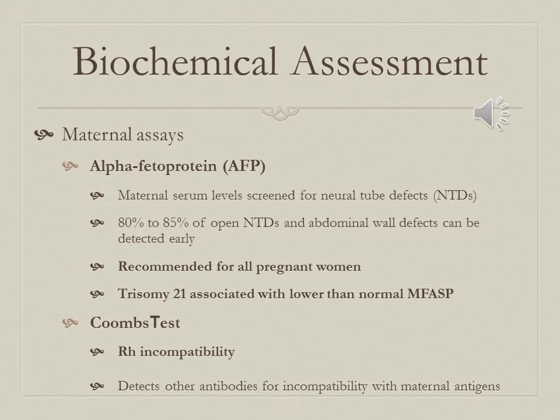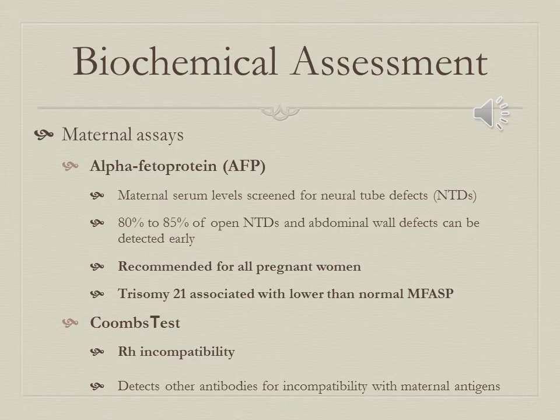The indirect Coombs test looks at maternal antibody screens to determine the risk for Rh incompatibility. We talked a little bit about that in the last unit. If on the indirect Coombs the antibody titer is greater than 1 to 8 and rising, an amniocentesis will be required, because it will evaluate the amount of bilirubin in the amniotic fluid, and it can establish the severity of fetal hemolytic anemia.